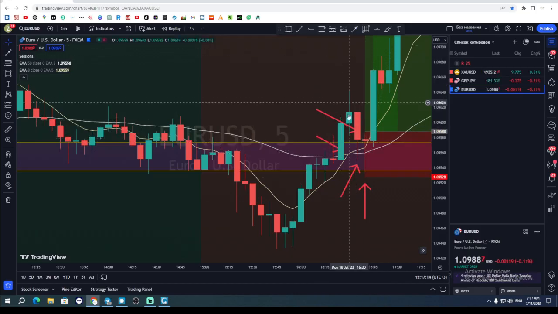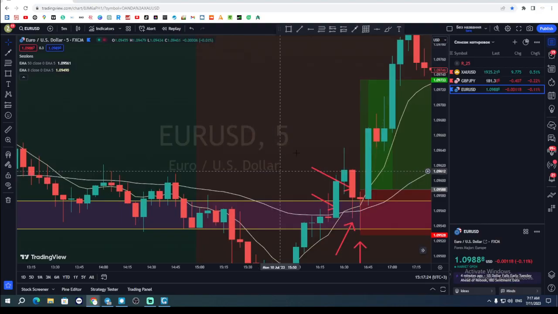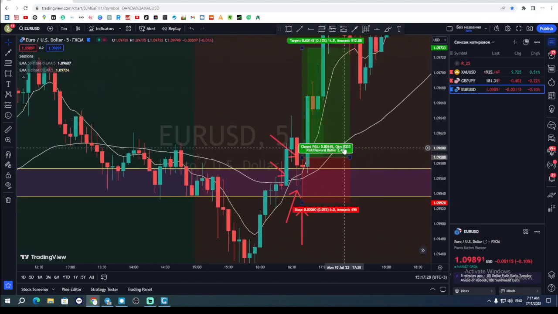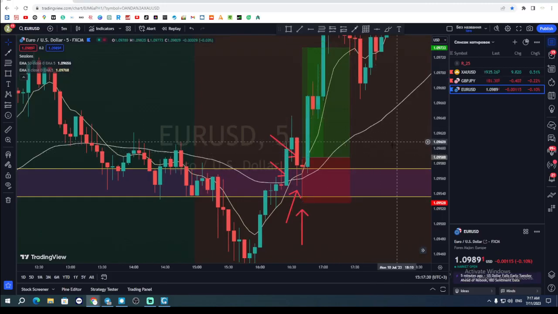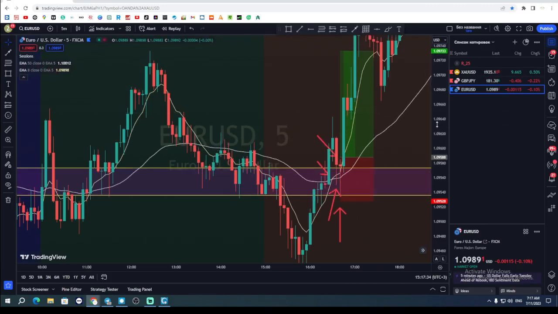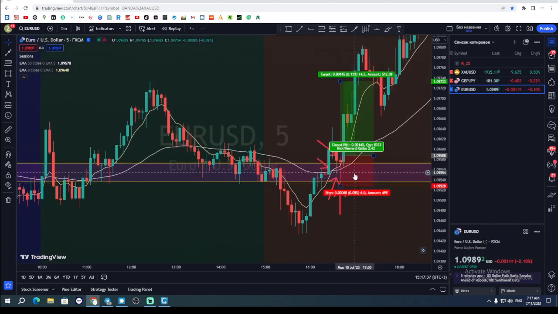Confluence number four, break of previous candle. So we got 4 confluences, everything lined up here, and I just took the trade, simple, and I took these highs, the London highs, and everything beautifully played out. It's 2.42, you see. So basically that's kind of the crossover moving average strategy that I'm using.